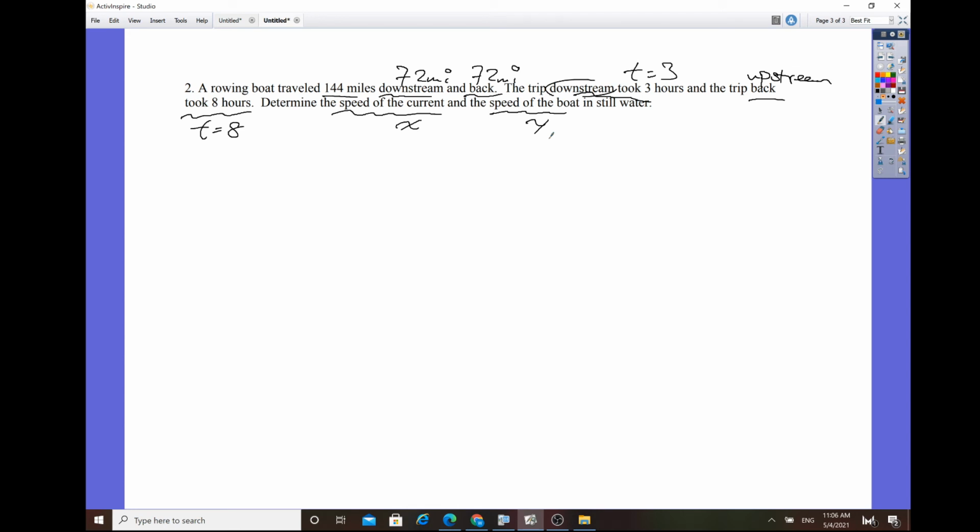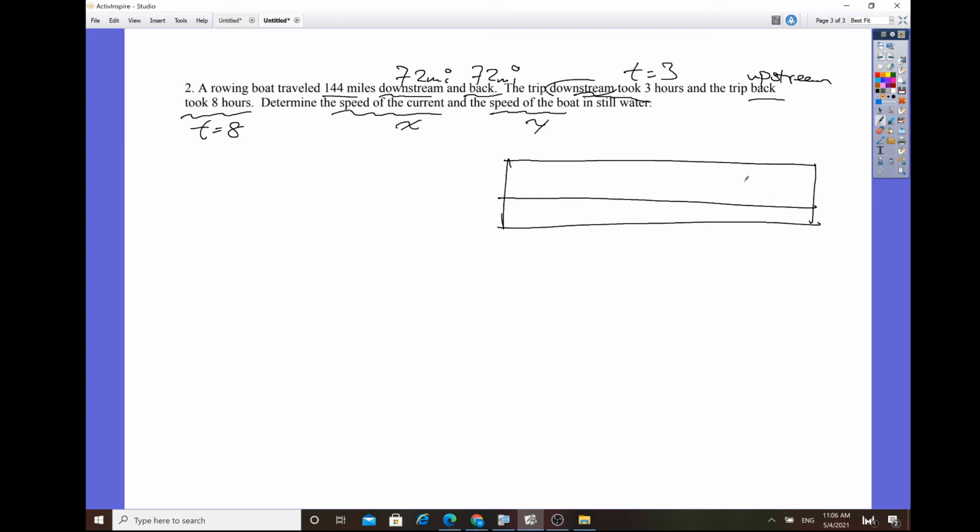And here's another thing we can set up with. It's called the graphic organizer. So let's set up the rows and the columns. One is upstream, the other one is downstream. So let's put in the time.